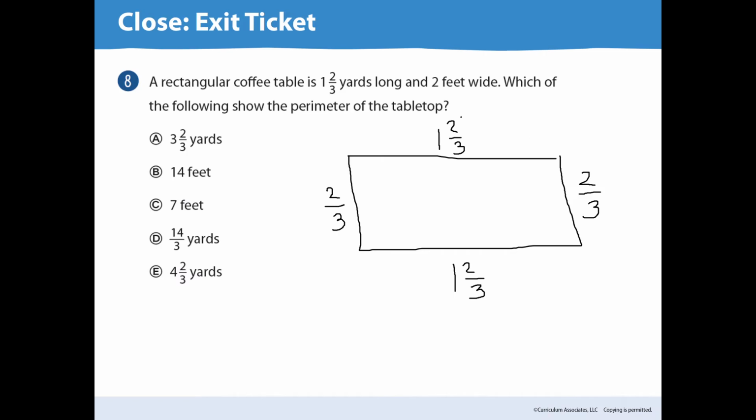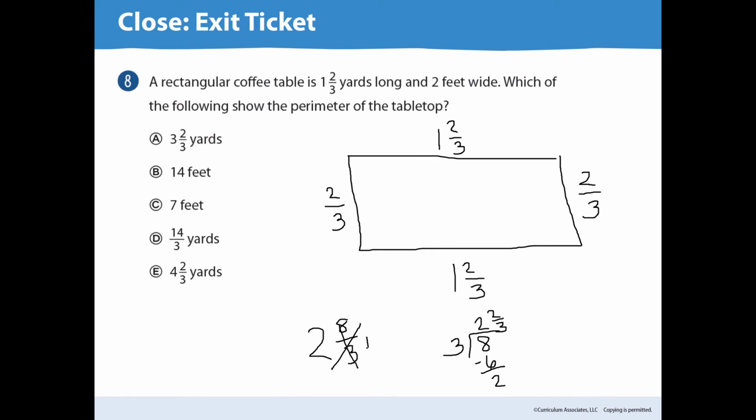And if I add those all together, I have, let's see, 1, 2, and 2, 4, 6, 8/3. So 8/3, 8 divided by 3, 3 goes into 8 2 times, and that's 6, with 2/3 left over.